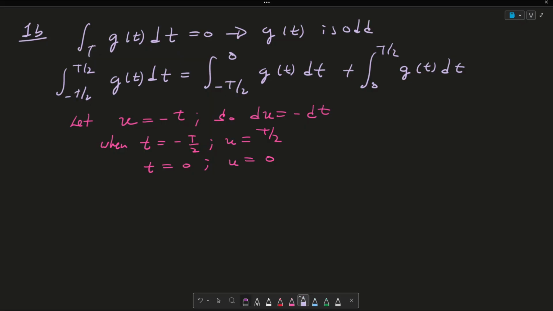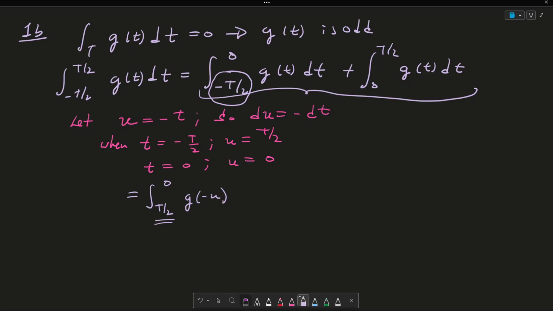So then we can go ahead and rewrite this function here. This is going to be T over 2, because again, at t equal to negative T over 2, u is T over 2, and the other limit is 0. Now we change the terms. So this is g of minus u times minus du, plus the integral of 0 to T over 2 g(t) dt.